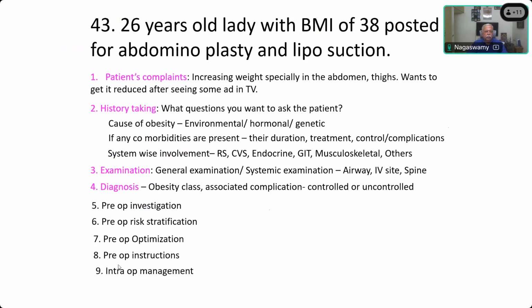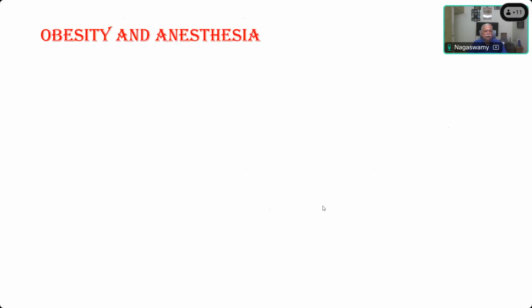And intraoperative management: how are you going to place the patient, whether the table will be adequate, whether they require an extra large table, and how you are going to support the arm, because this abdominoplasty will be done in the supine position. You must decide how you are going to keep the arm, because too much abduction will be troublesome in this patient post-operatively. And post-op management. So these are the headings under which you must remember to discuss this.